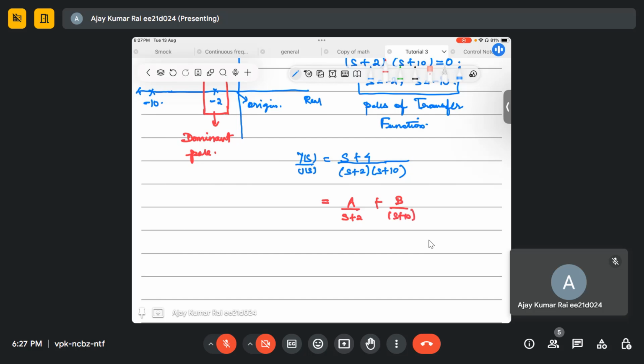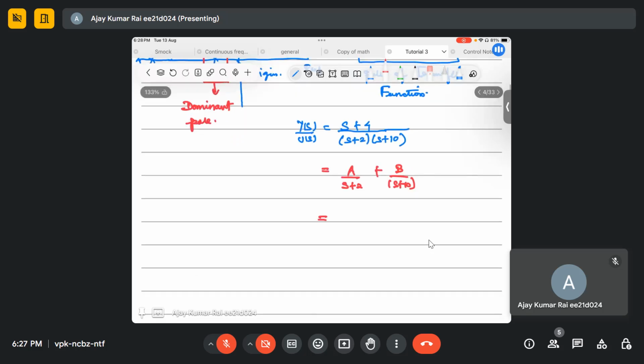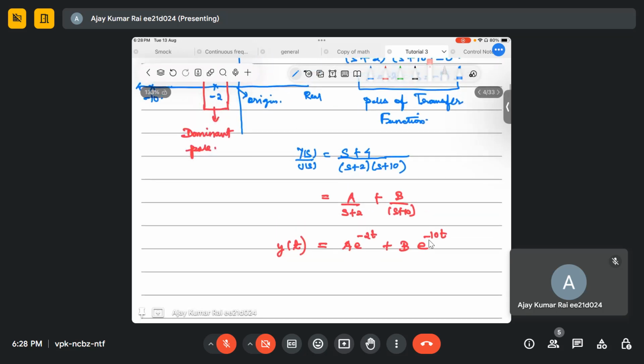You'll get this response. If you take the inverse Laplace, you'll get a e to the power minus 2t plus b e to the power minus 10t. This will be the response. So you have to see which one is greater, a or b. Only then will you find out what the response is.